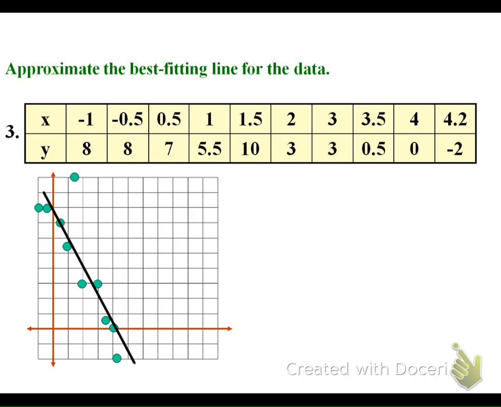But again, we're just kind of estimating where the middle is. If it's not exactly perfect, it's not a big deal. So this one I have 2 points above, 3 points below, and then a couple points that fall right on the line or very close to the line. That's fine. It does not have to be exact. This is just an approximation. But just draw a line that basically cuts the data in half. Doesn't have to be perfect by any means.